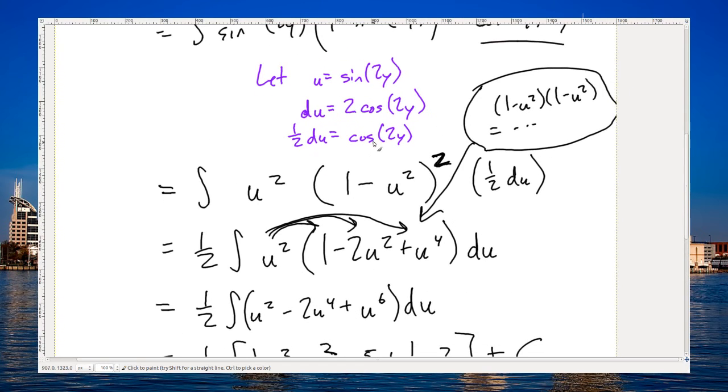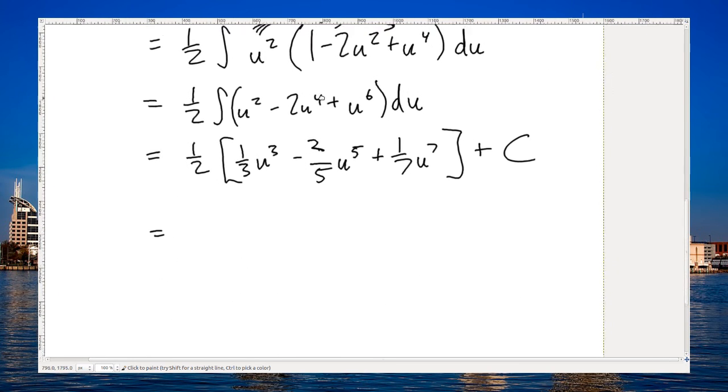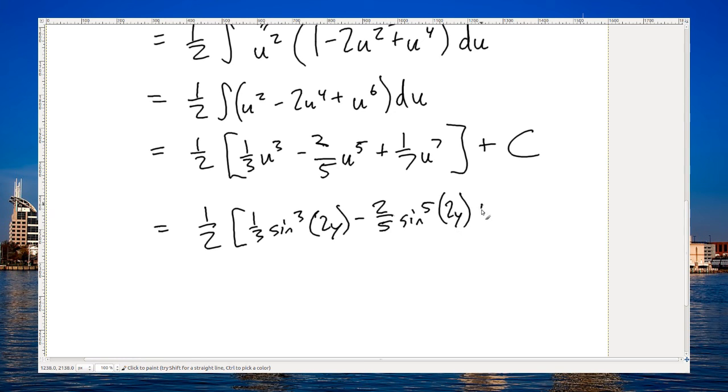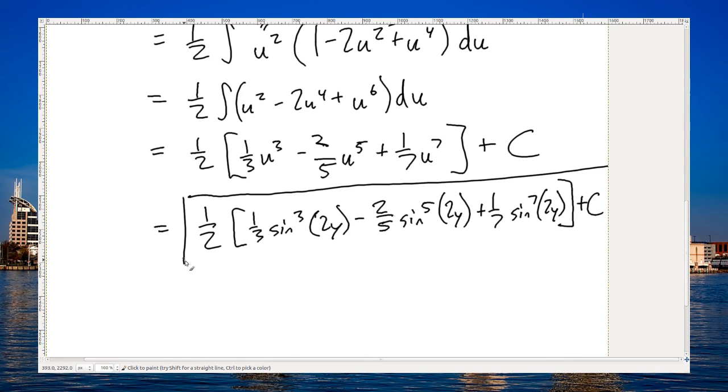So in this case, my u is equal to sine here. So I'll replace that with 1/2, 1/3 sine cubed of 2y, not theta. Need to be careful there. 2/5 sine fifth 2y, 1/7 sine seventh 2y, all that plus c. And that's a final answer right there.